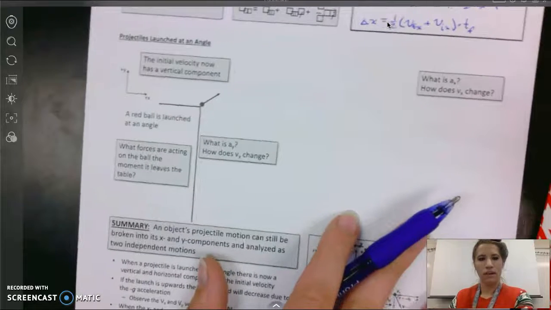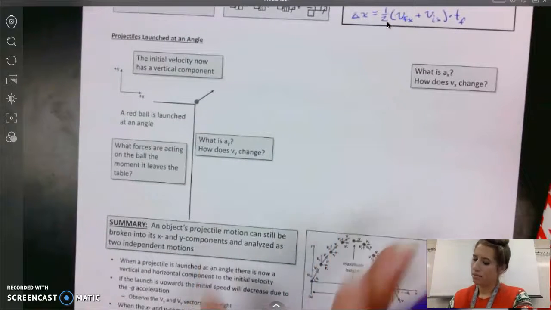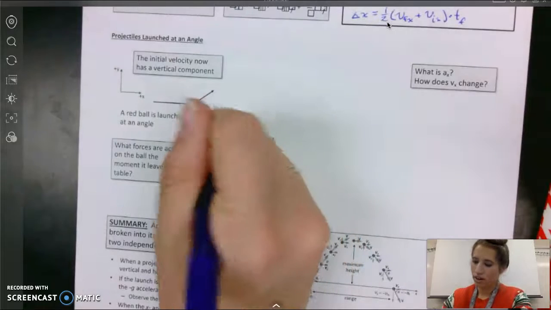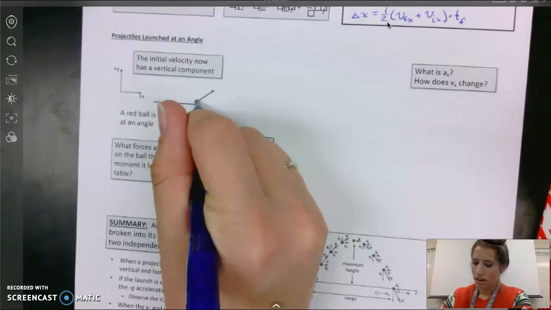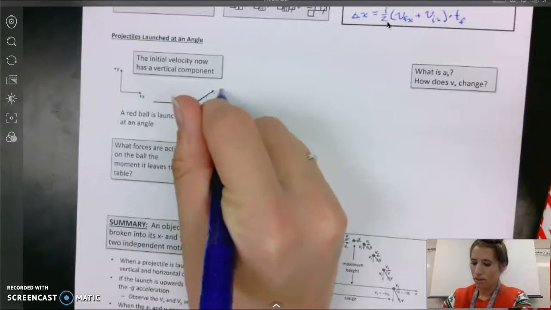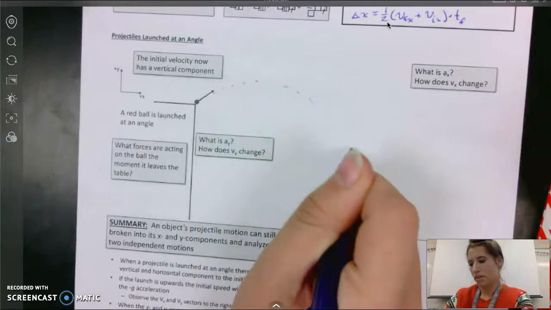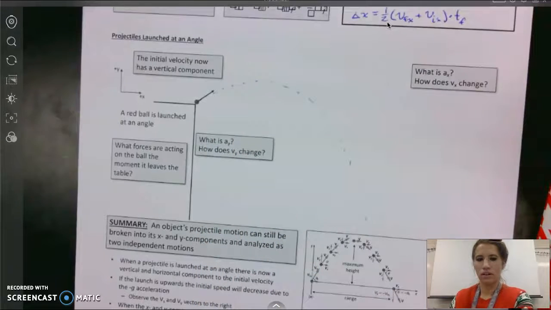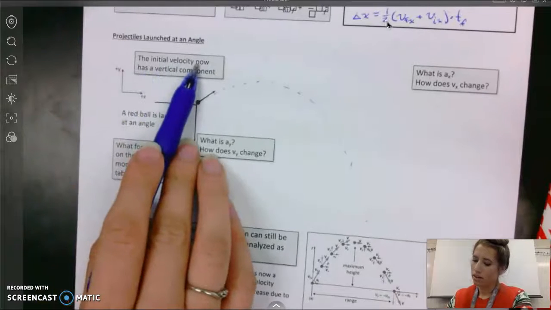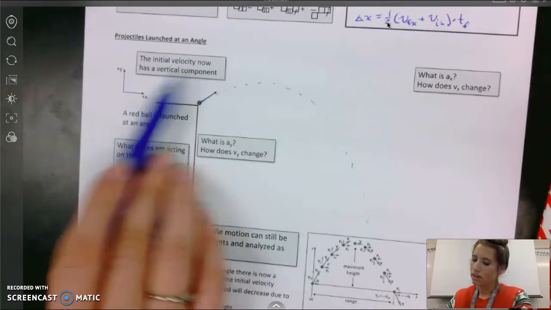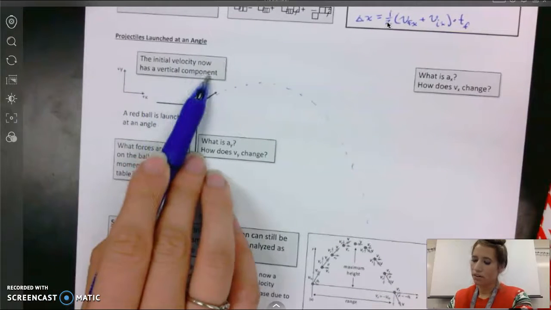Now, if we have a projectile at an angle, this is our initial velocity. It's at some angle, and the projectile will go up, and then it'll come back down, and eventually it'll hit the ground. What is the initial velocity? The initial velocity now has a vertical component.